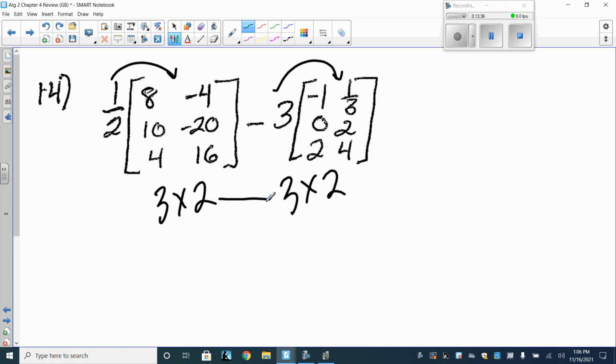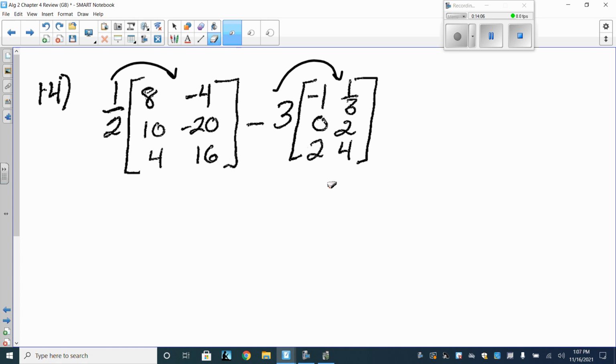Could we multiply these two? No, because the columns of the first do not match the rows of the second. So what did the calculator just tell us when I changed it from minus to negative? Invalid dimensions, because it wasn't adding and subtracting, it was multiplying the two. Does that make sense, the difference there? So if it's the second number, we do need to make sure we subtract. Any other questions on 14?